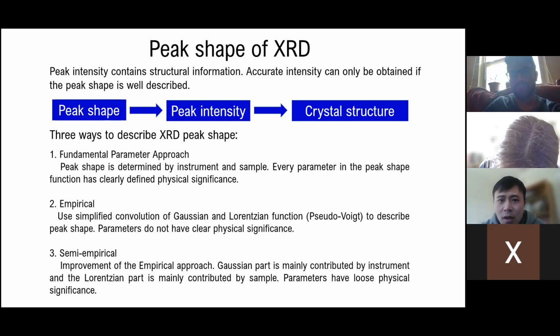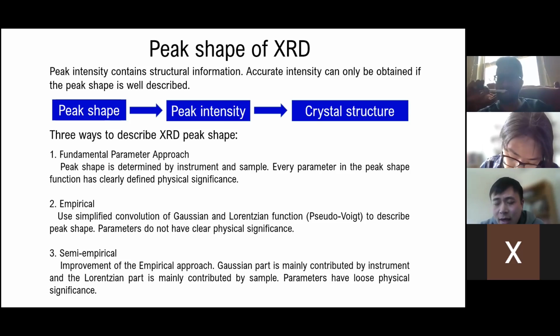Depending on how your sample was prepared, whether annealed or quenched, it could have all sorts of defects, and all those things can be very specific and complicate the peak shape analysis. So there are three types of peak shape approaches.